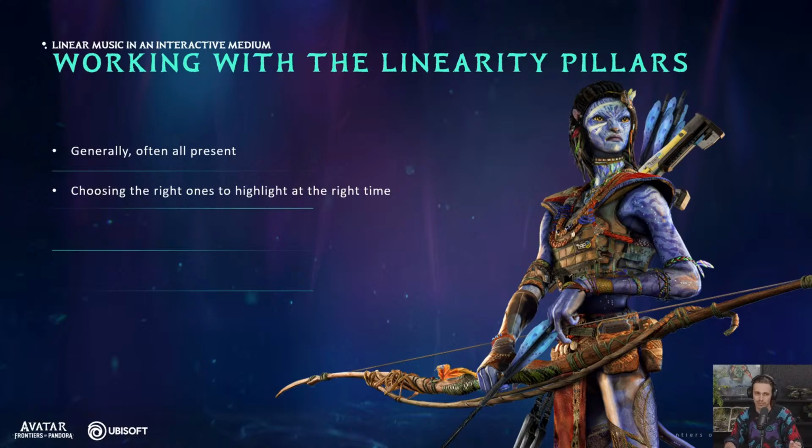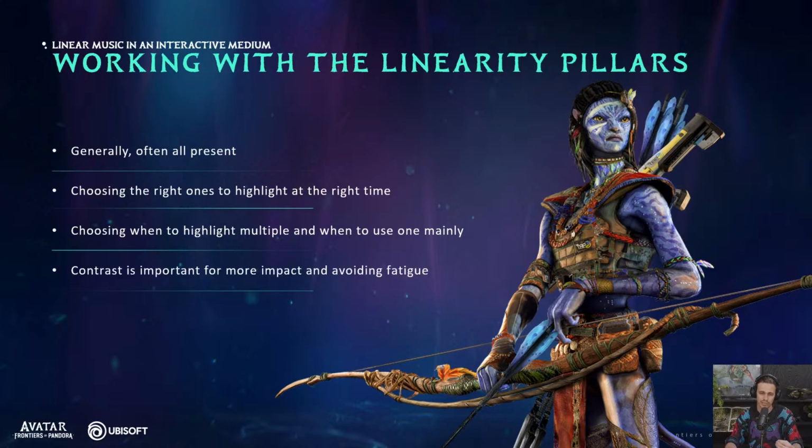So maybe sometimes we want to highlight the gameplay, or sometimes we want to highlight the narrative. Also, I think it's possible to work with multiple of these pillars at the same time. Especially for a game or other longer media, I think it's important that we don't always use the same pillar, so it's not always music commenting on the narrative, or always very superficial on the gameplay.